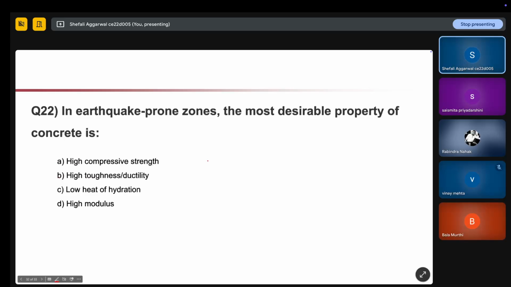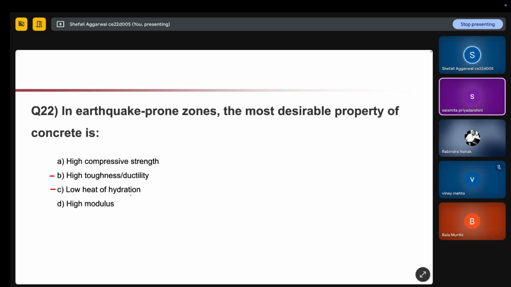Last question. In earthquake prone zones, the most desirable property of concrete is having high compressive strength, high toughness, low heat of hydration, or higher modulus of elasticity. Okay.